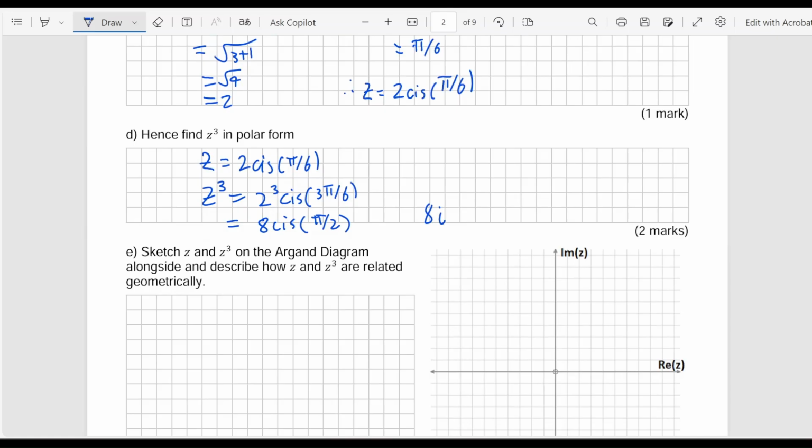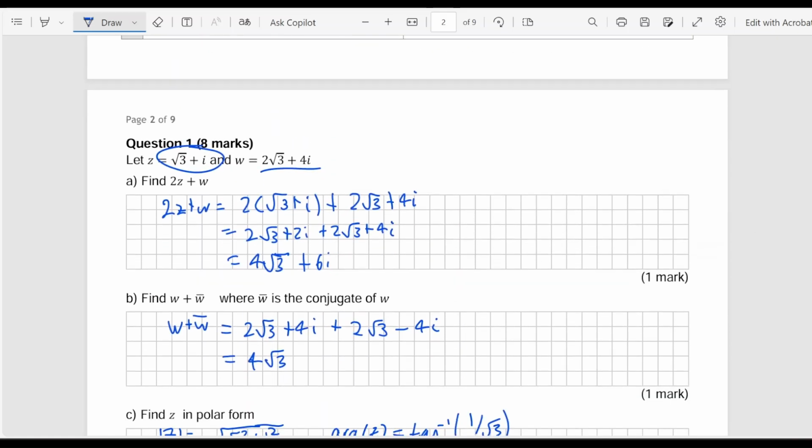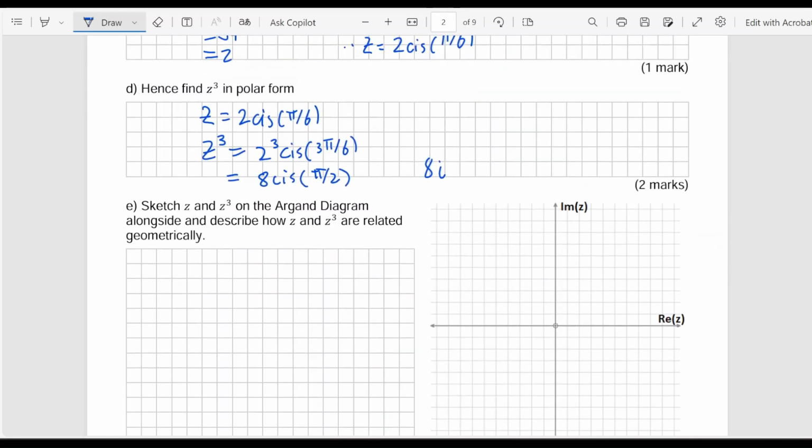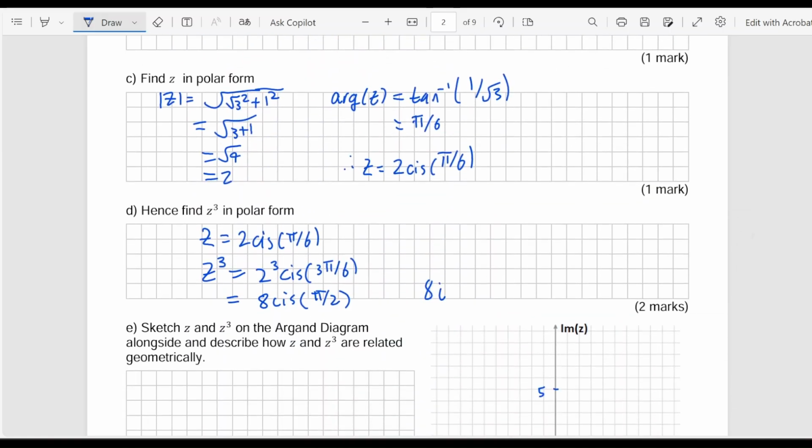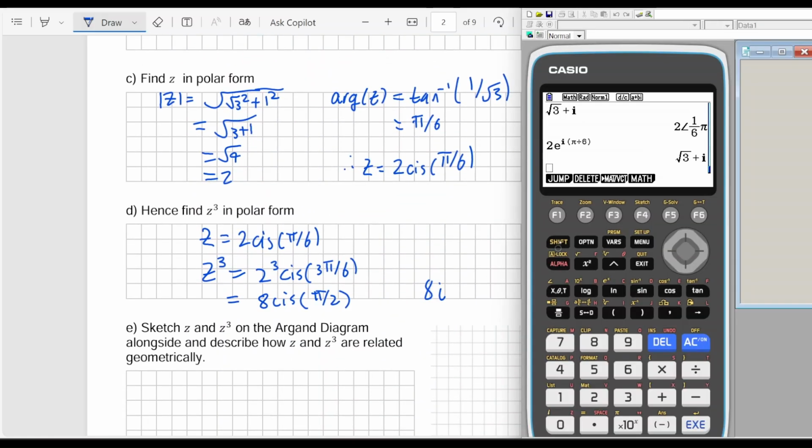So z is 2 cis of pi over 6, and in particular it's root 3 plus i. So I might have my scale 1, 2, 3, 4, 5, minus 5, minus 5, and 5 up there. z is root 3 plus i. So if we get an approximate for root 3, that should give us a good idea where to put z.